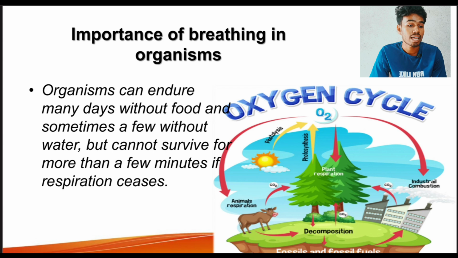As you can see, the oxygen cycle is there. Oxygen is written as O2. Animals release carbon dioxide. Where does this carbon dioxide go? Into the surroundings, and from there into the green trees and plants. That's the reason why scientists and scholars encourage people: please plant trees and plants.